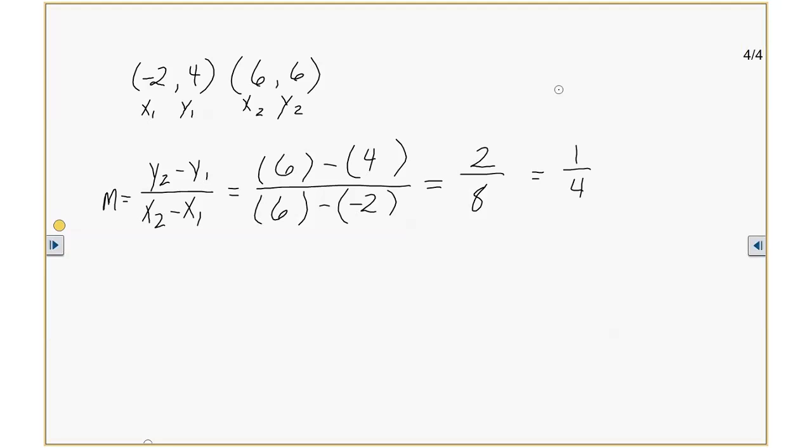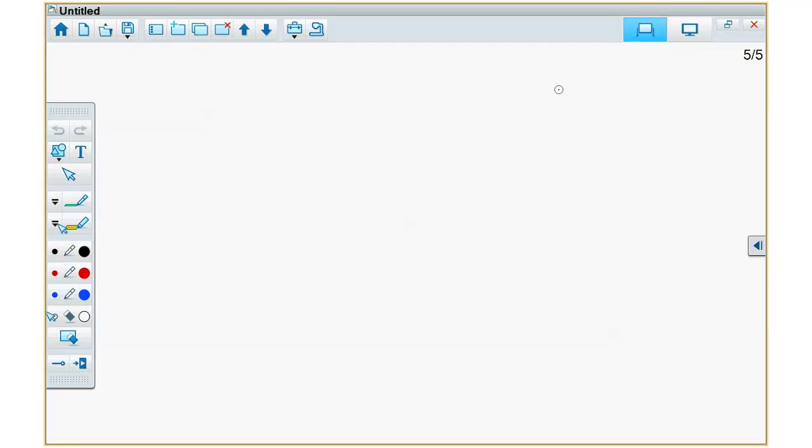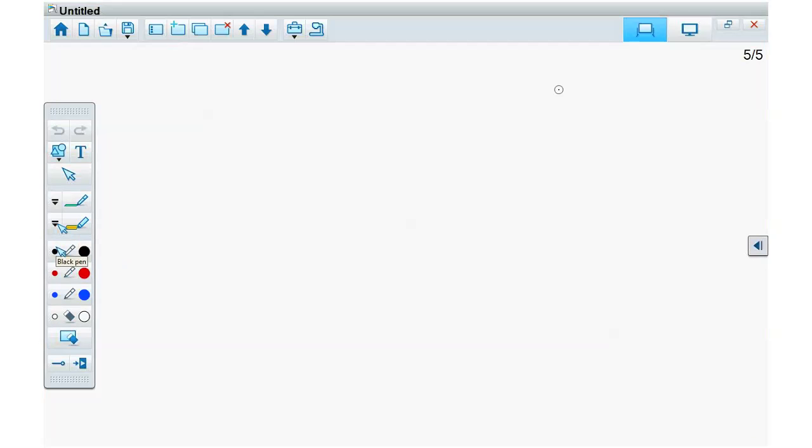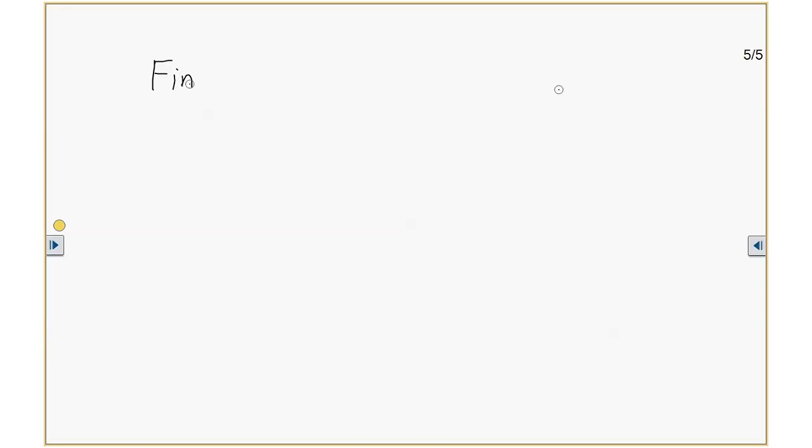All right, so what's next? Well, after we find the slope, then we can, when you see these words in the directions, find an equation.